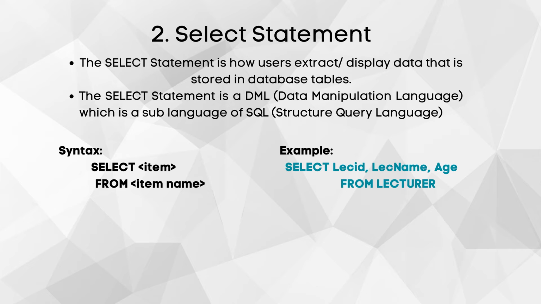So basically, the select statement is a clause which is used to extract or display data stored in a database table. The syntax for the select statement is select item from table name. For example, if we type select lecturer ID, name, age from lecturer, then it will display the selected columns.